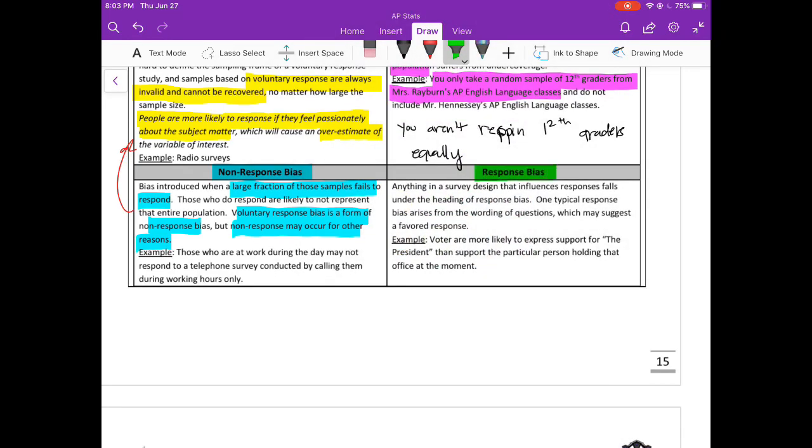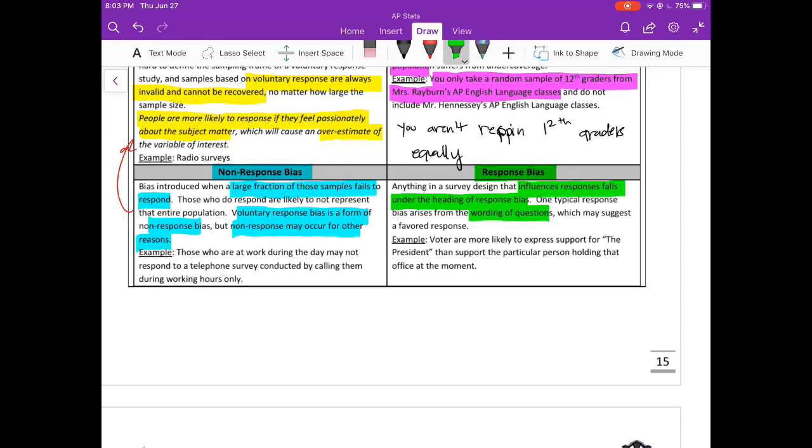Next is response bias. So anything in a survey design that influences response falls under the heading of response bias. One typical response bias arises from the wording of the question, which may suggest a favored response. So voters are more likely to express support for the president than support the particular person holding that office at the moment.